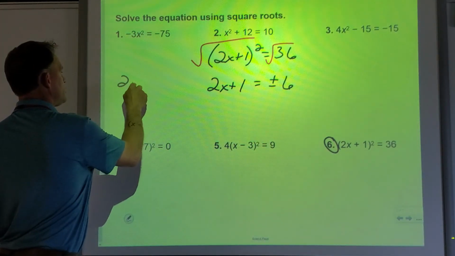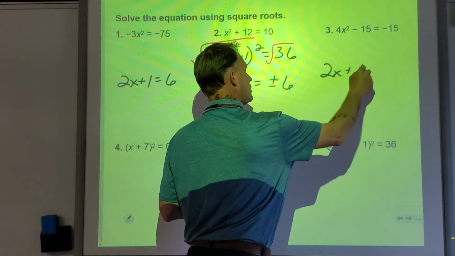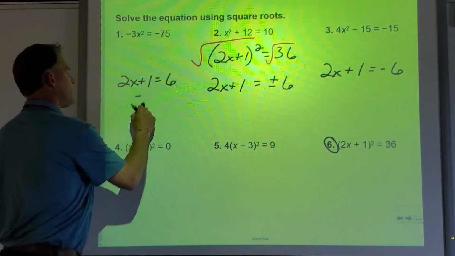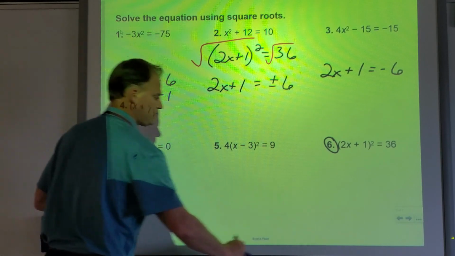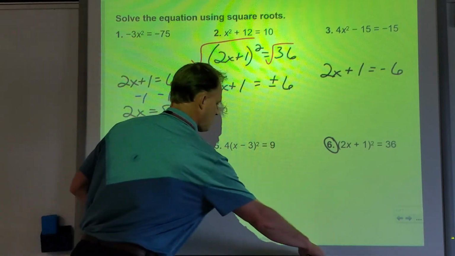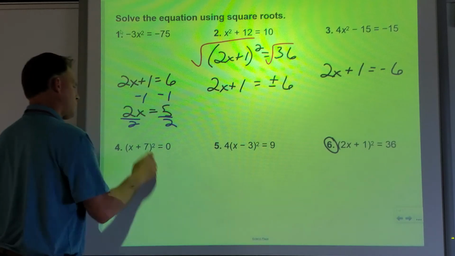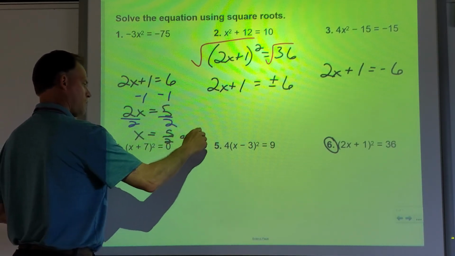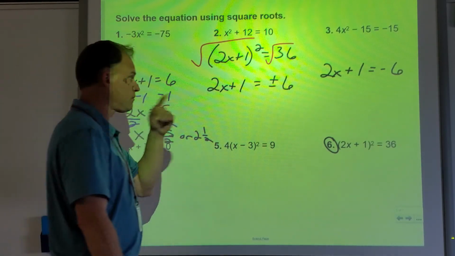Write two equations, 2x plus 1 equals 6, 2x plus 1 equals negative 6. Solve. Minus 1. Comes out to be 5 over 2 or 2.5.